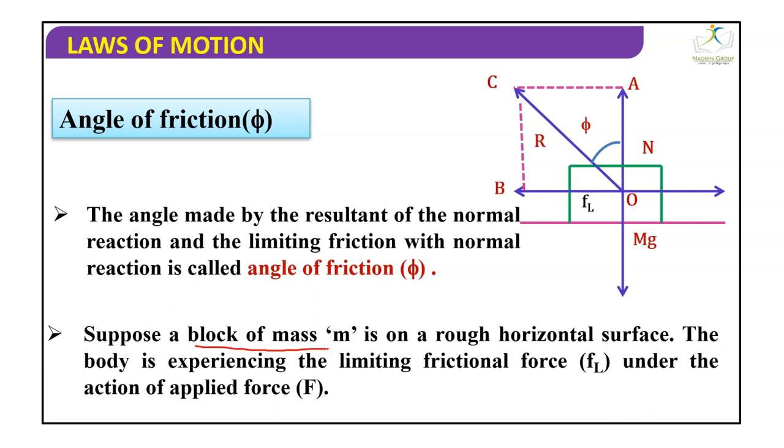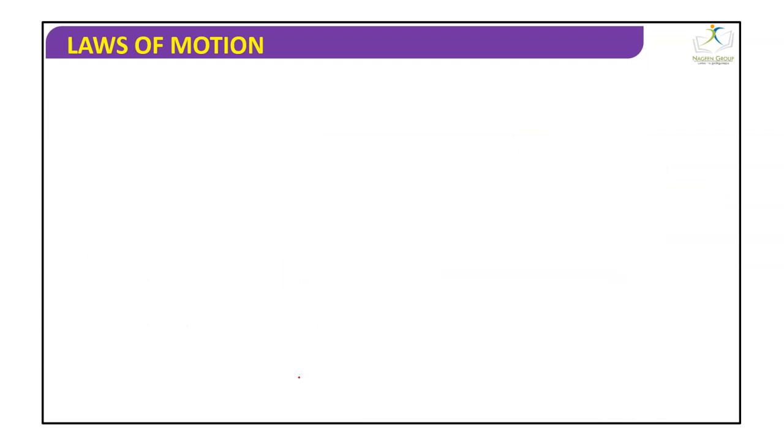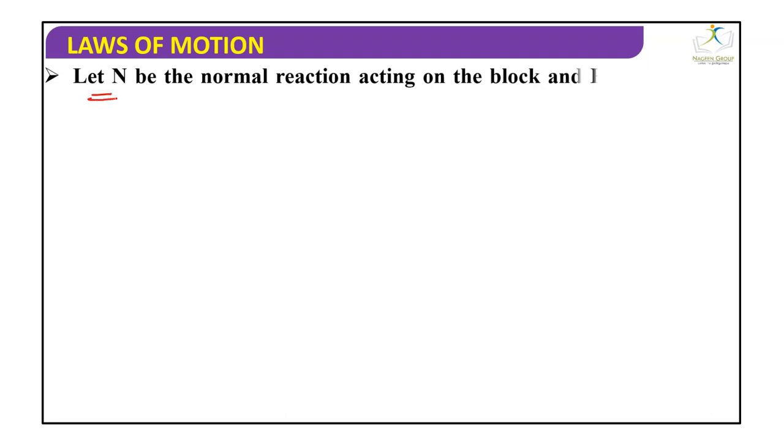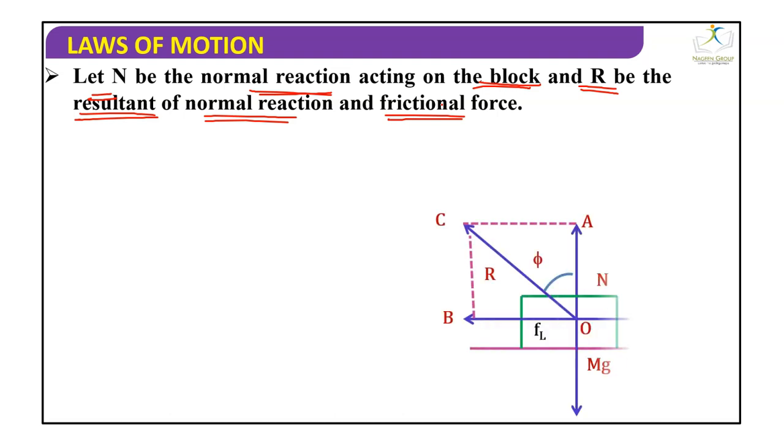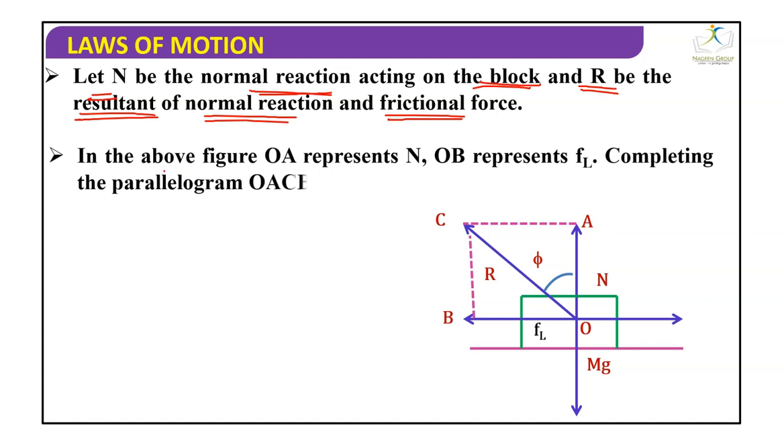So suppose a block of mass M is placed on a rough surface, and the body experiences limiting frictional force under the applied force F. Let N be the normal reaction acting on the block and R be the resultant of normal reaction and frictional force. In the figure, OA represents the normal.